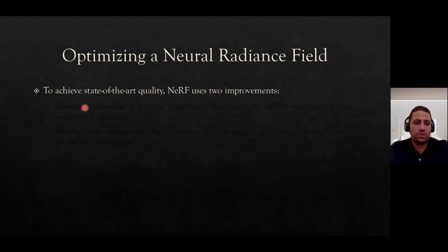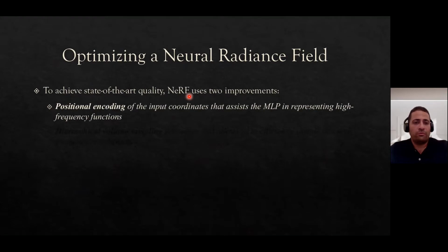To achieve state-of-the-art quality, NeRF uses two improvements. The first one is called positional encoding of the input coordinates, which assists the MLP in representing high-frequency functions. So this is encoding of the input variables in order to represent high-frequency changes in the inputs. I will explain that now.